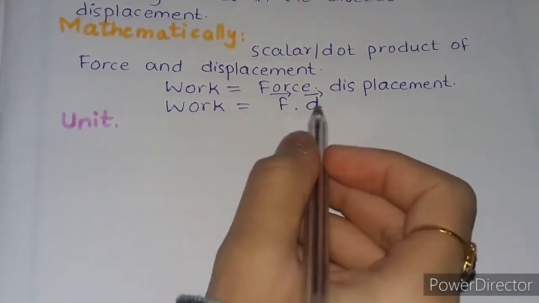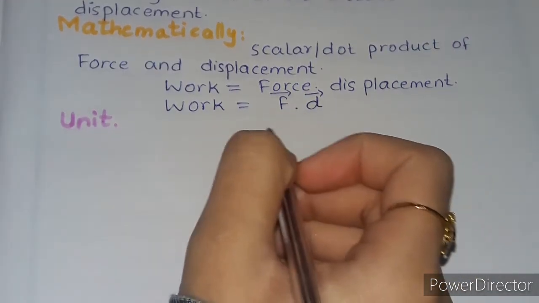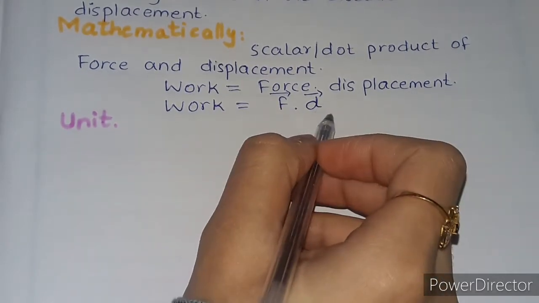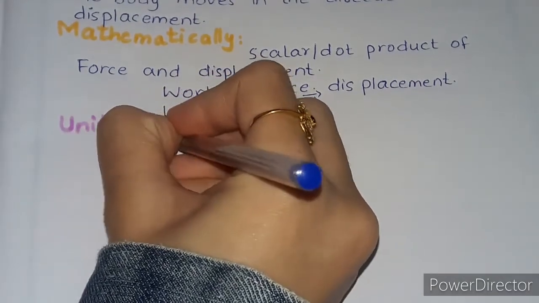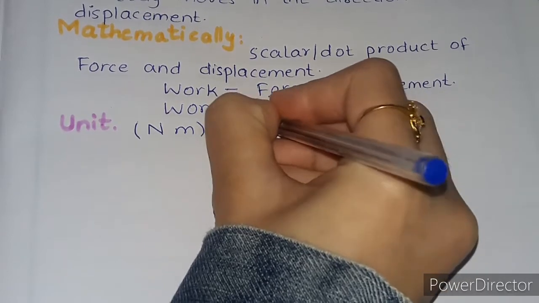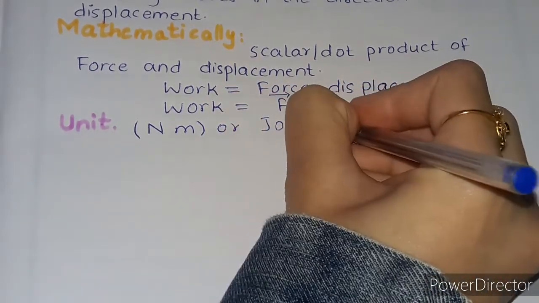Work is force into displacement. Force is measured in Newton and displacement is measured in meter. So Newton meter, or we can say joule, capital J.